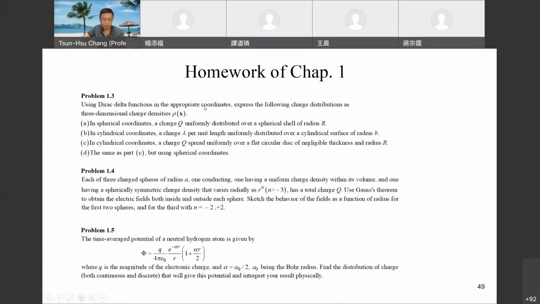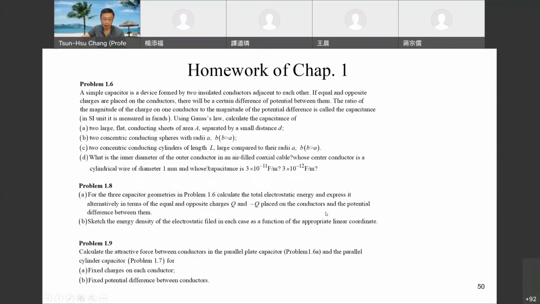Okay, finally, we come to the homework of chapter 1. We have 10 homework problems. The first is related to Green's function, and the first is related to the Dirac delta function. That is another application to help you solve this equation. And here are some examples. Calculate the capacitance and solve this one. Okay, simple example.